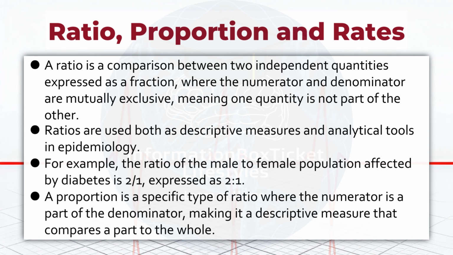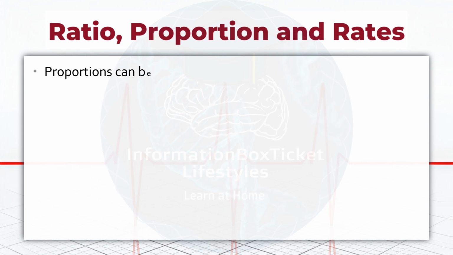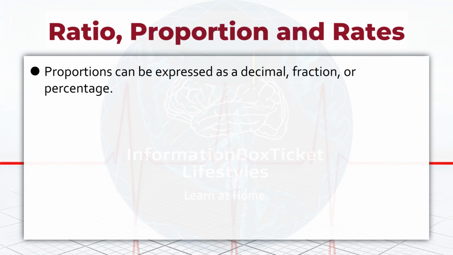A proportion is a specific type of ratio where the numerator is a part of the denominator, making it a descriptive measure that compares a part to the whole. Proportions can be expressed as a decimal, fraction, or percentage.